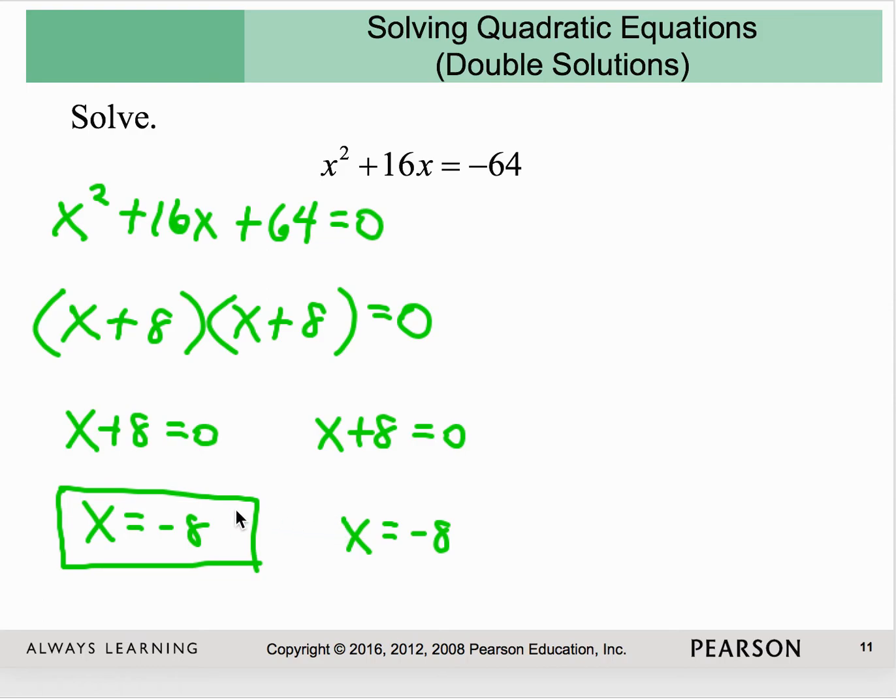Now when you're writing it, I don't have to write my answer is -8 and my other answer is -8. When we're in college algebra, we'll see the effects of this on the graph and what this means. But if all we're doing is giving a numerical answer, once I say the answer is -8, I don't have to say, oh yeah, and it's also -8, right? But I do want to note there are 2 of them.